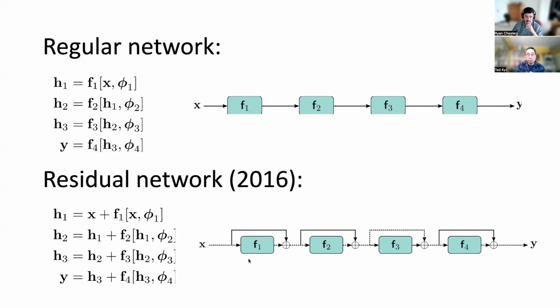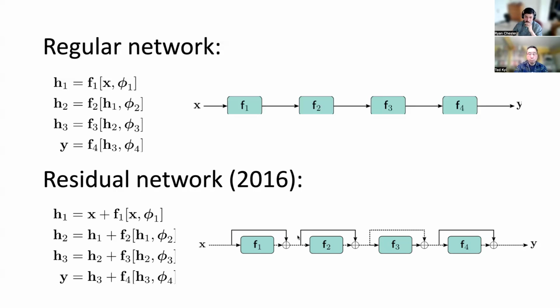And what people realized that you could do is you could make these residual connections where you're basically just passing the input over these different layers. So, for example, let's say we have our 224 by 224 image that goes into this layer, and then we get some output there, but we also just directly pass it over and we just add it back in, or do some other operation.